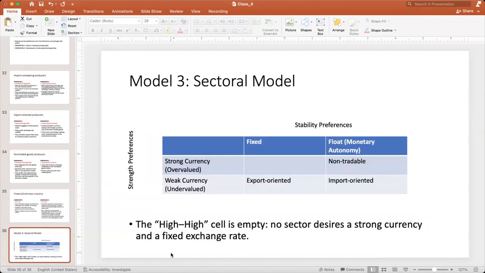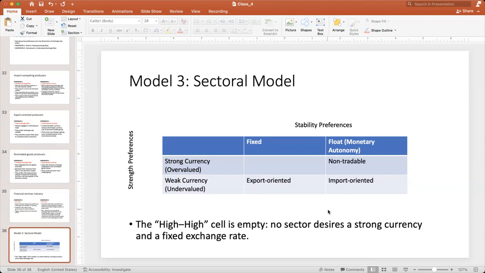And finally, this is the matrix that is in the chapter that presents the basic preferences of stability and strength of the exchange rate of the four actors.